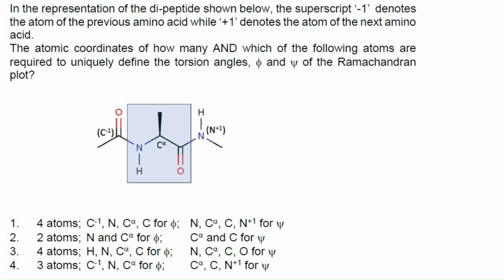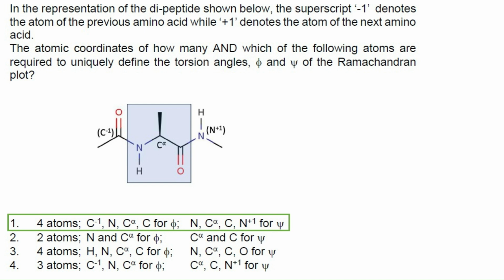Now, just as we saw that the only atoms which are required to define these torsion angles are carbon and nitrogen, no oxygen or hydrogen. And since option 3 contains hydrogen for the phi angle and oxygen for the psi angle, it is the wrong one. And by this elimination, we can say that the correct answer is option 1.